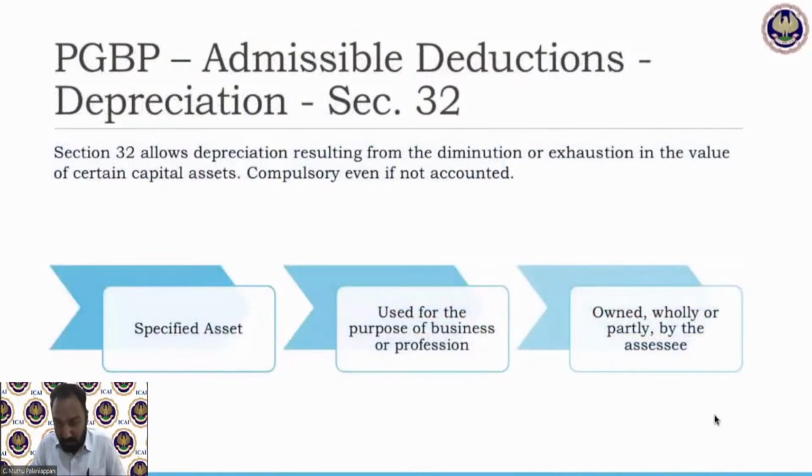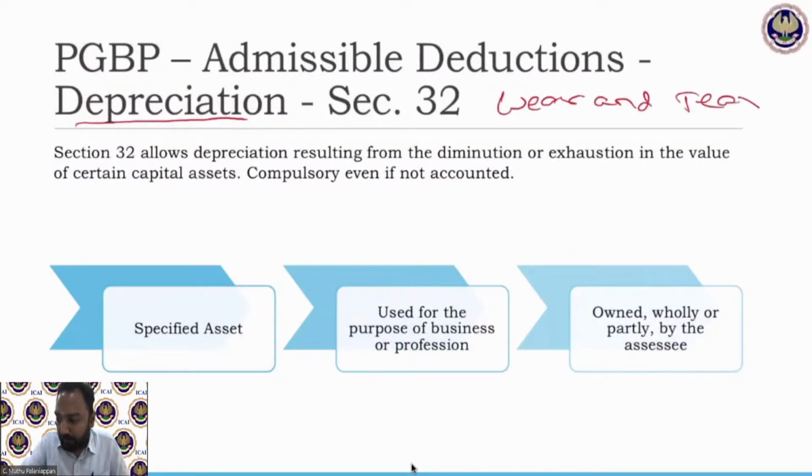which is section 32. Section 32 talks about depreciation. Go back to your 11th and 12th standard accounts. What is basically depreciation? Depreciation is typically about wear and tear of that particular asset.